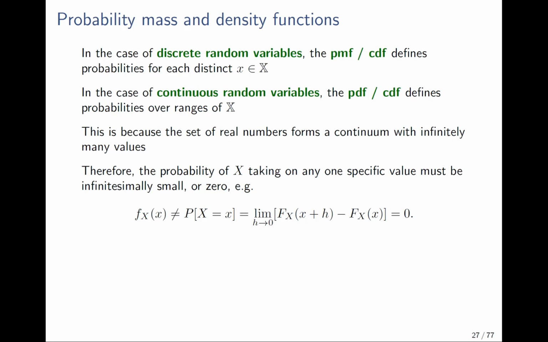In the case of continuous random variables, the probability density function or the cumulative distribution function define probabilities over ranges of x. And this is because the set of real numbers forms a continuum with infinitely many values. The support is not countable in this case, and therefore the probability of x taking any one specific value must be infinitesimally small or zero, and that's what this expression here says formally. But I hope that that's obvious anyway.